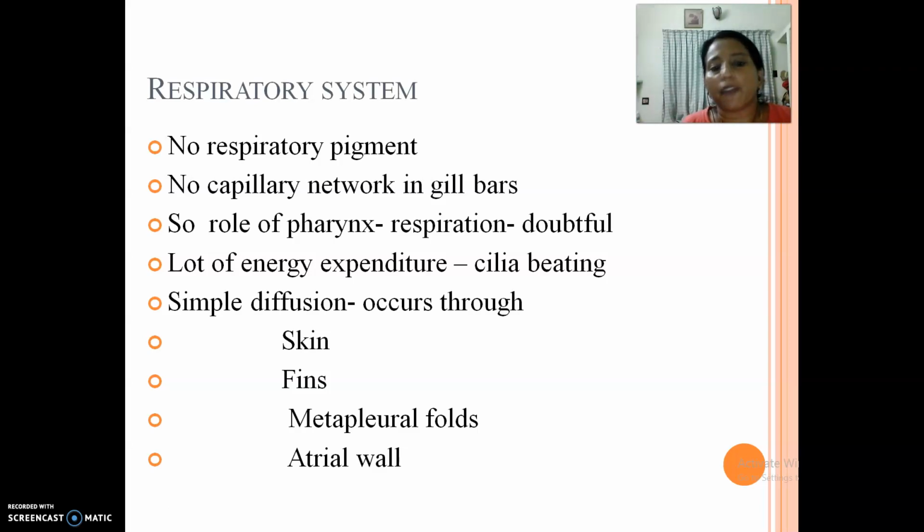So the pharynx is not the main respiratory organ. The main respiratory organs in amphioxus are the skin, fins, metapleural folds and atrial wall. As in all other cases, the process involved is simple diffusion.